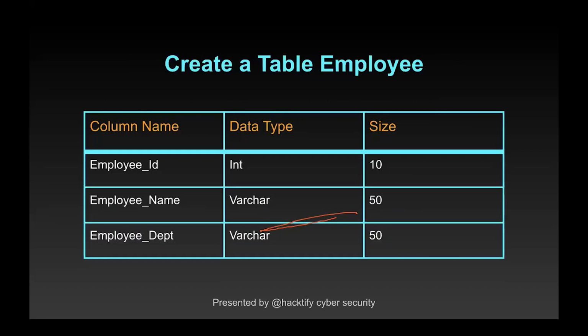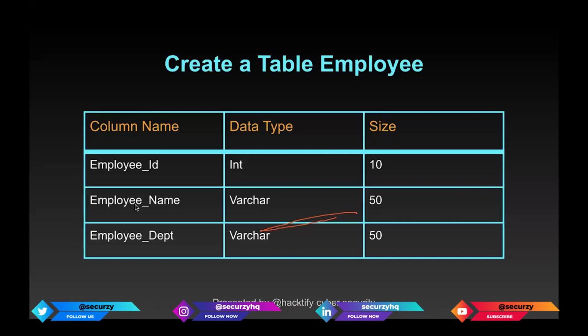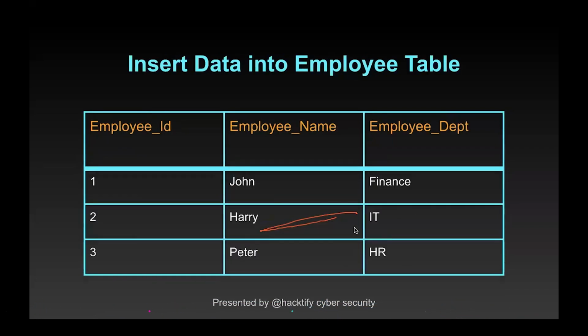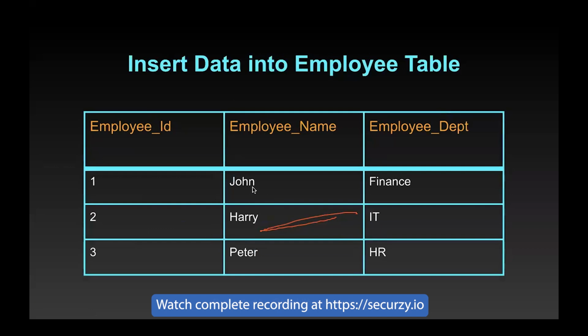Now I have some more tables. This is a table with the name employee. It has 3 columns. One is employee ID, second is employee name, and third is employee department. This is how the table will be created with the help of a query. And I have also added some entries to that particular table.